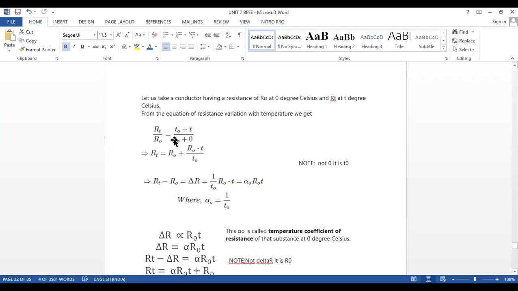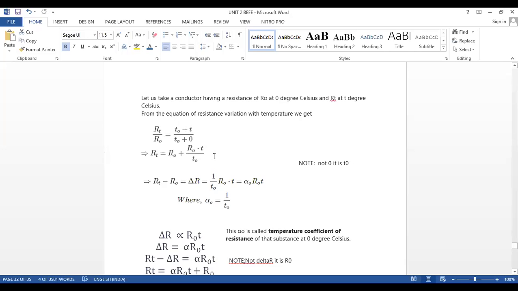Therefore we have taken T0, which is the change in the value of the temperature. So the expression is T0 plus T by T0 plus T0. R0 you are sending to the right hand side. If I take the LCM, T0 by T0, how much will you get here? If you divide, this gets cancelled. R0 into T0 plus T by T0 plus T. So you just divide this one.